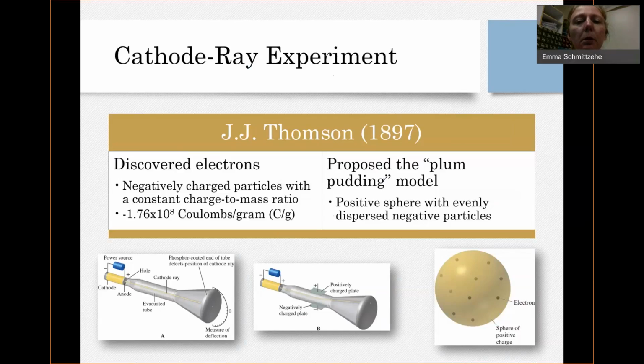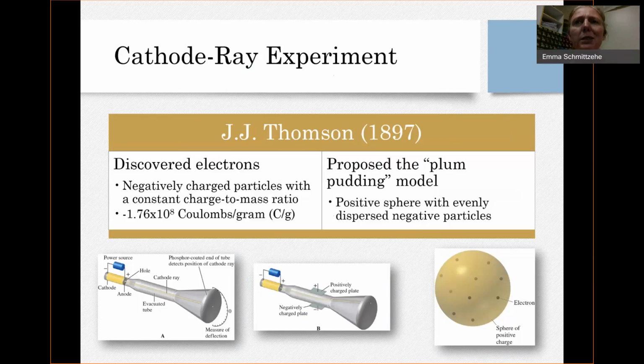Okay, so he proposed that in an atom, if there are negative particles that we can knock off of it, it must have these individual negative particles, but we know an atom is neutral, so it also has to have some positive charge.